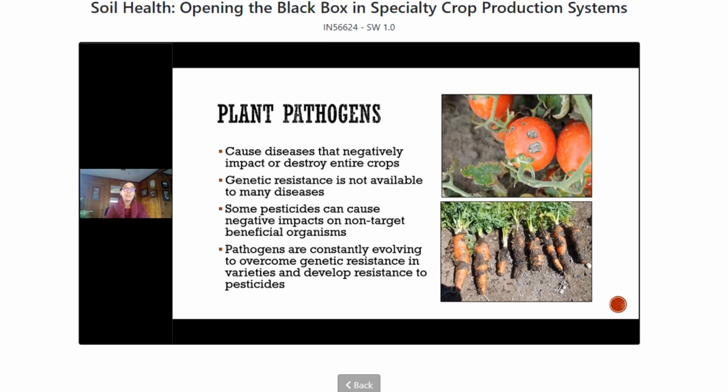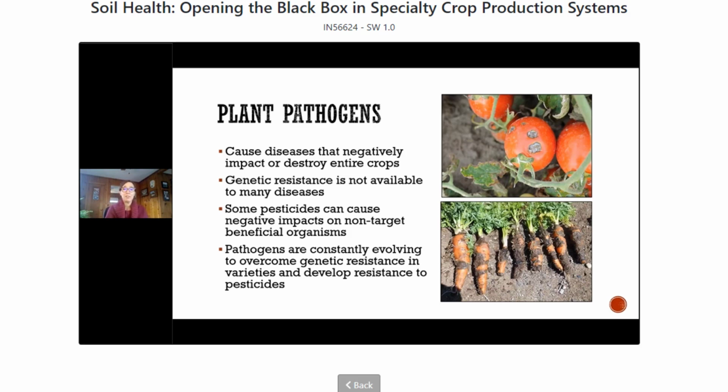And so while there is strong varietal resistance to some of these pathogens, other pathogens there's not. And then while there are pesticides that are available in many cases to control these crops, some of them can have negative impacts on other organisms, or maybe we don't have the right pesticide to control some of these pathogens.